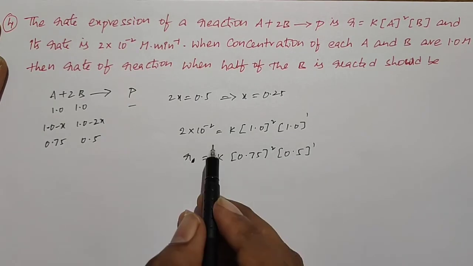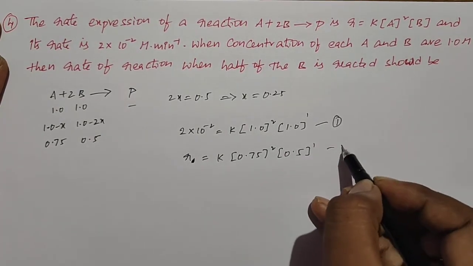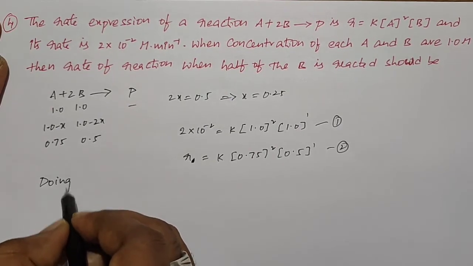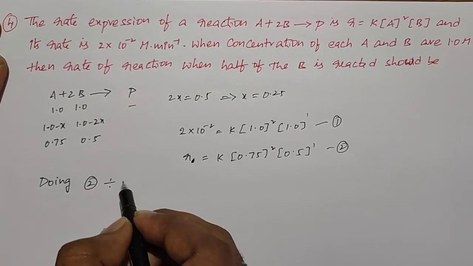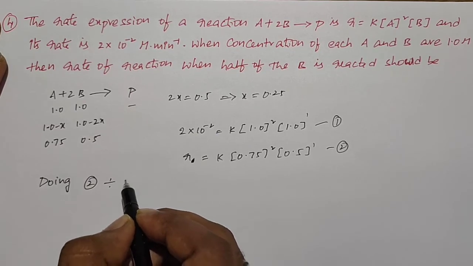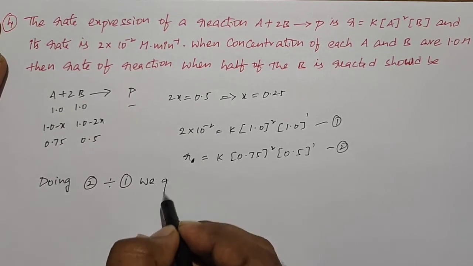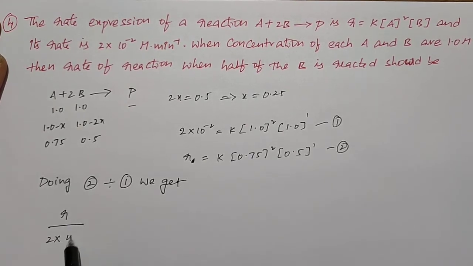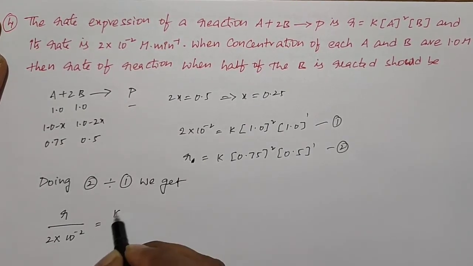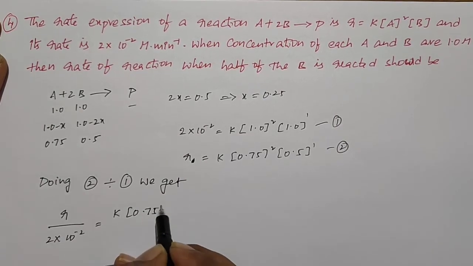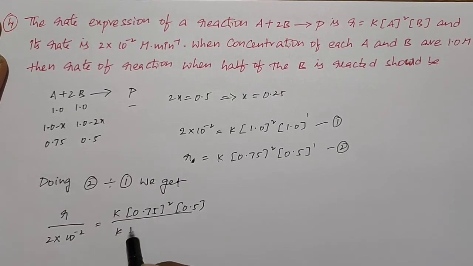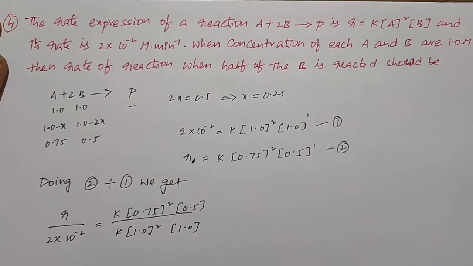Now I take the ratio of this one, taken as set 2, by set 1. We get R divided by 2 into 10 power minus 2 is equal to k into 0.75 whole square into 0.5 divided by k into 1.0 whole square into 1.0.